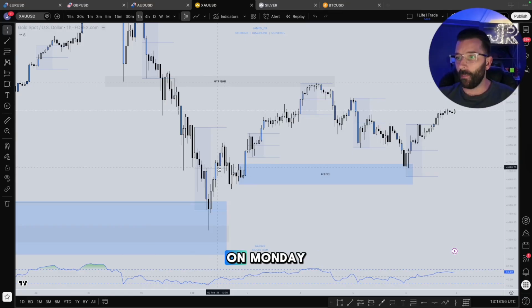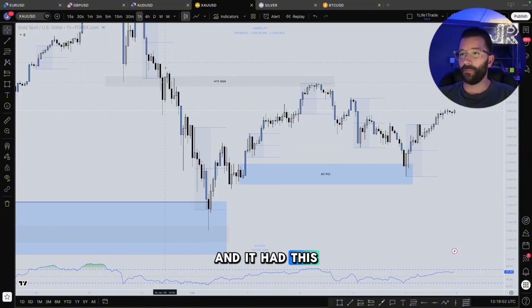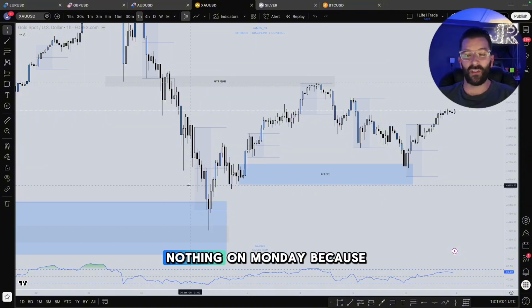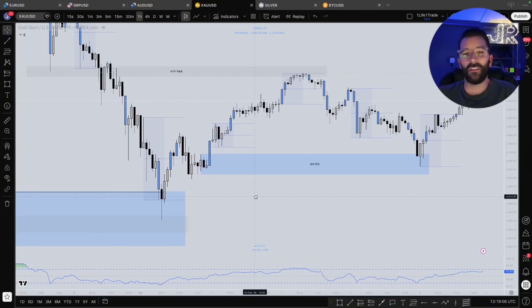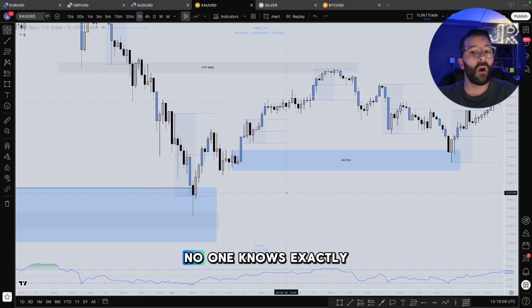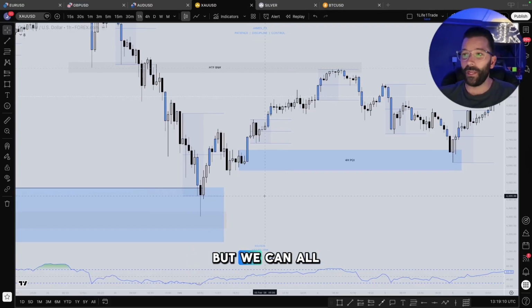So even from here on Monday, for me, it was the first day of the week, first day of the month, and it had this massive pullback. I basically didn't do nothing on Monday because you don't know what's going to happen. No one knows exactly what's going to happen, but all we can do is get to areas where we believe it can react.